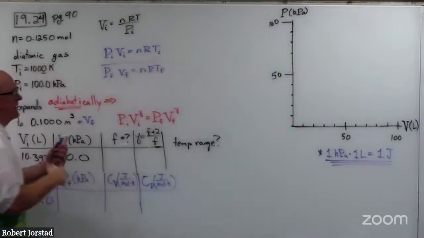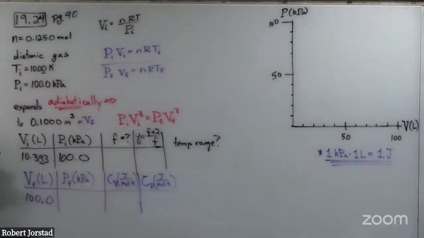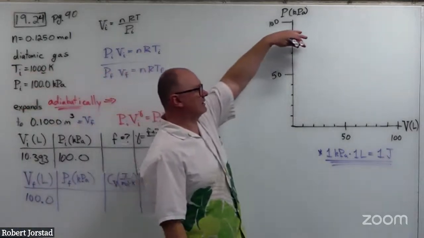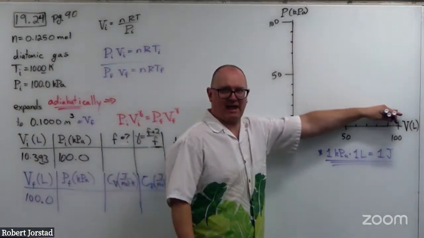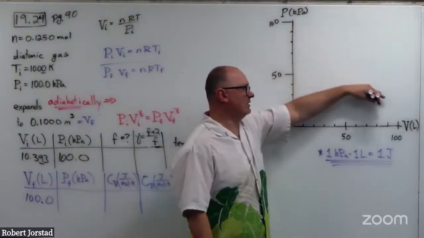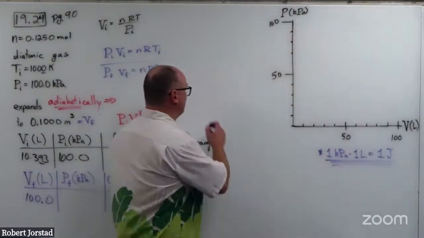I'm just trying to think it through a little bit. Well, in this case, the volume goes up. When the volume goes up, work is being done by the gas. So we expect the volume's going to go up, the gas is going to do work.